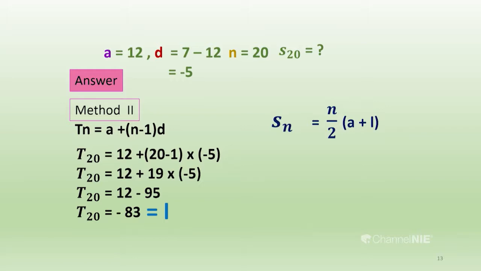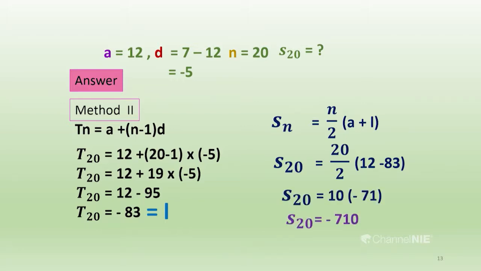Then we can substitute the values, and we found L as minus 83. Then we have to simplify the things in the bracket. We got minus 71 as the answer in the bracket. Then we multiply by 10 and we get the same answer as the previous method. S20 equals minus 710.